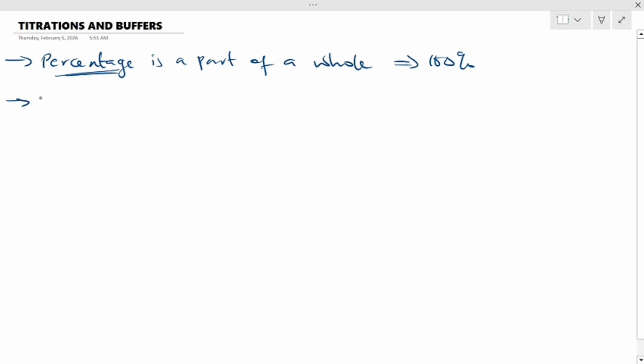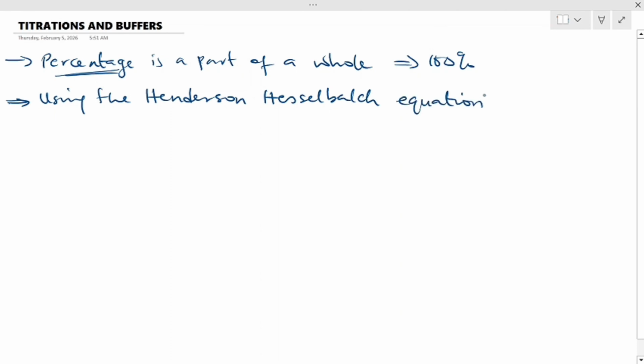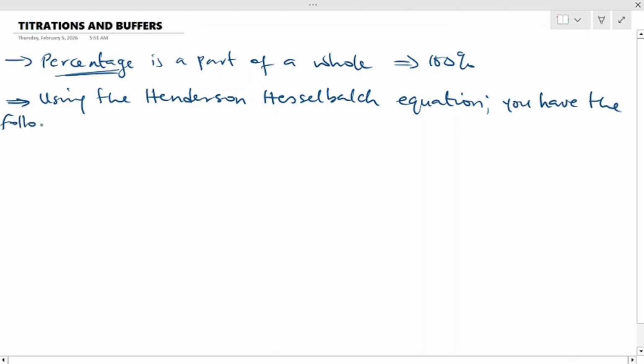Using the Henderson-Hasselbalch equation, you have the following.